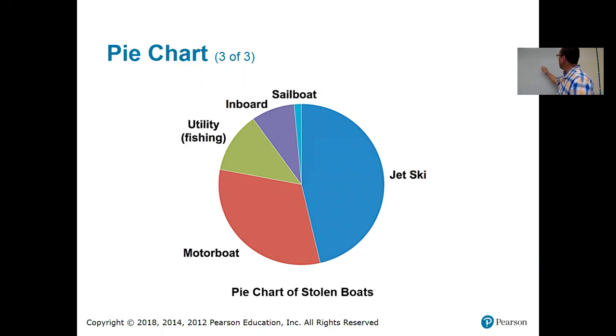You should make that biggest slice of the pie 162 degrees, I think. Okay, that biggest piece of the pie should be 162 degrees, roughly. It doesn't have to be perfect.